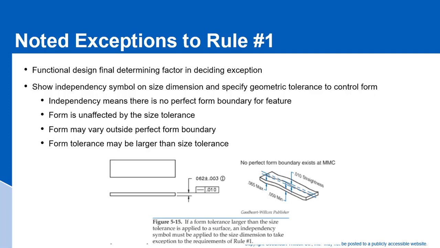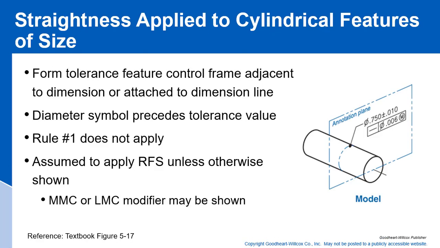So we've talked a lot about surfaces. Now let's talk about applying this straightness tolerance to a cylindrical feature of size. We talked about surface elements. Now let's talk about features of size. Here's how you would apply it in a model on an annotation plane.